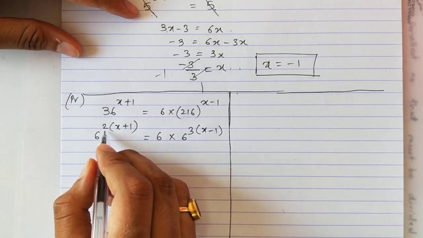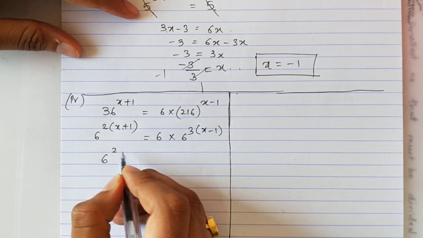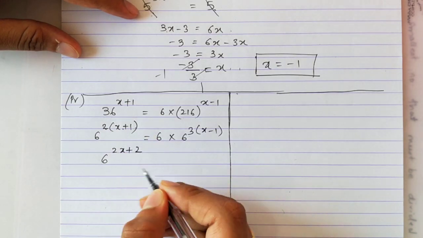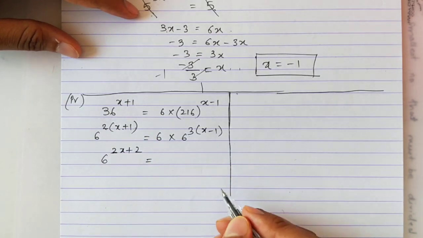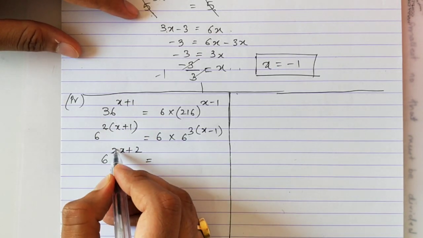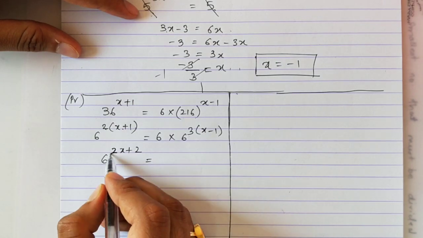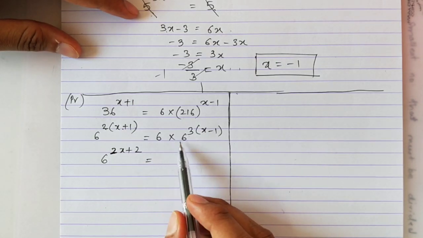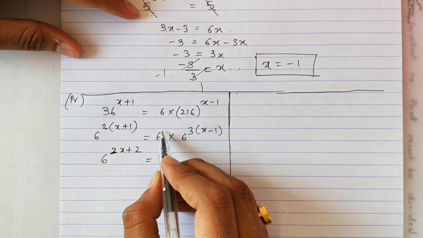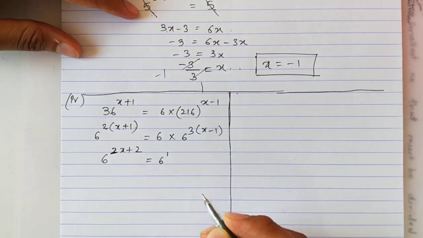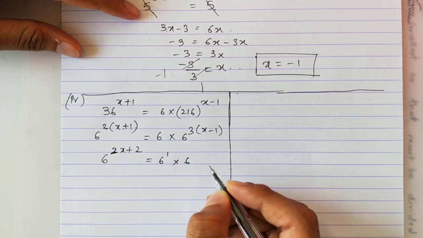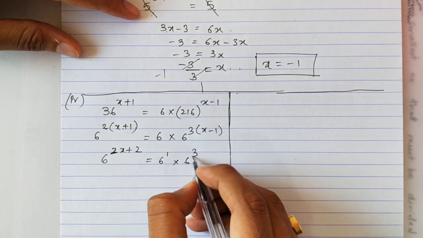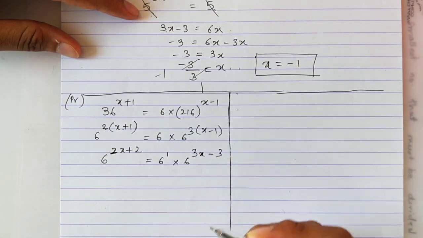So I open this bracket: 2x plus 2 into 1 is 2. And here, see, there is no power, which means the power is 1. Open this bracket: 3x minus 3.